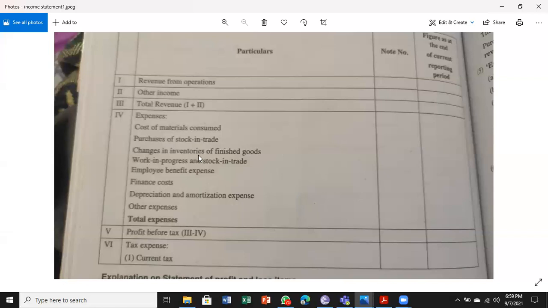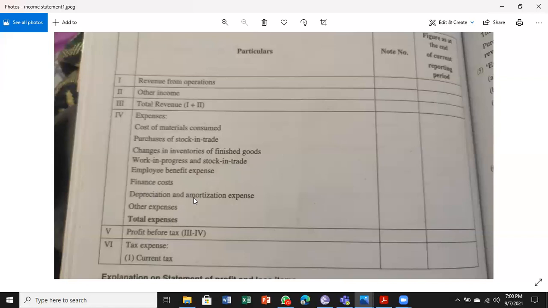Third one, changes in inventories of finished goods, work in progress, stock in trade. All together, changes in inventory means changes in the stock value of finished goods, work in progress, etc. Next, employee benefit expense. Next, finance cost.